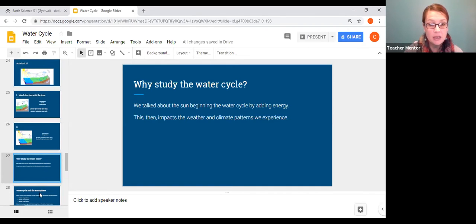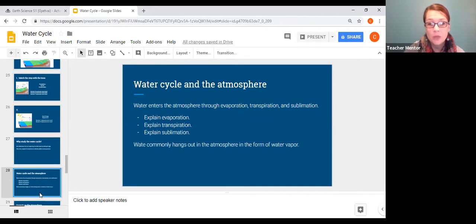Okay, so again, in Unit 5, it talked about different ways the water cycle can impact the different spheres of the Earth. So the water cycle in the atmosphere, again, water enters the atmosphere through evaporation, transpiration, and sublimation. So let's just review those 3 things again.